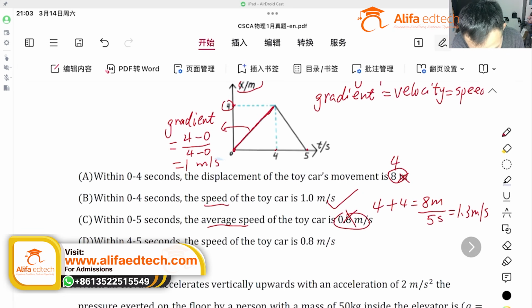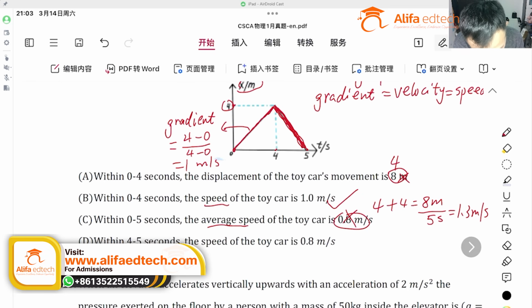D. Within 4 to 5 seconds, the speed of the toy car is... the gradient of this line represents the speed of the toy car.